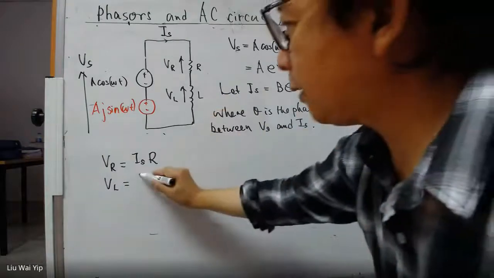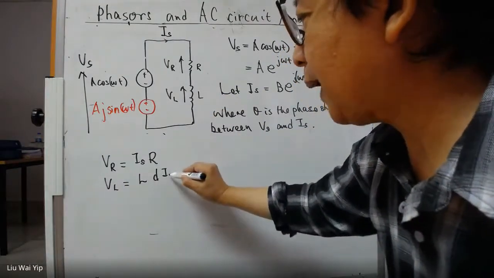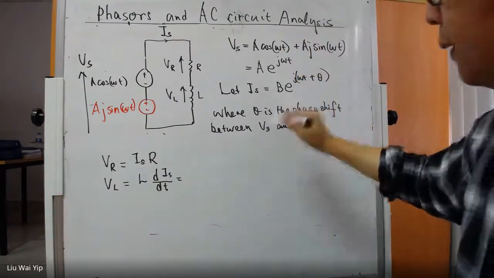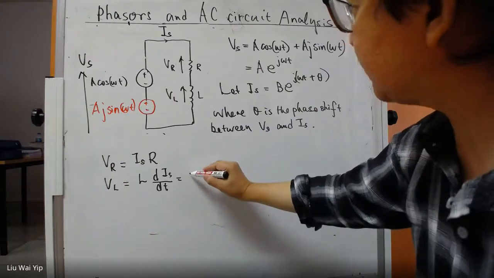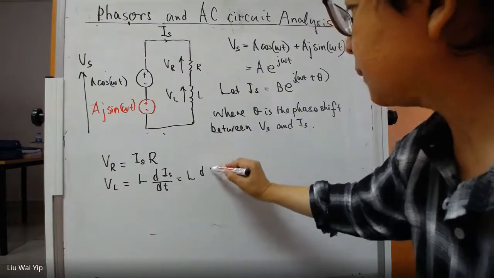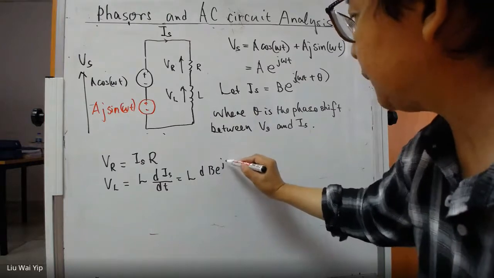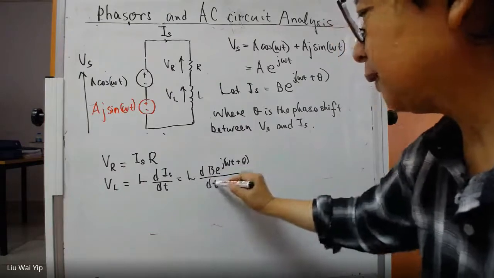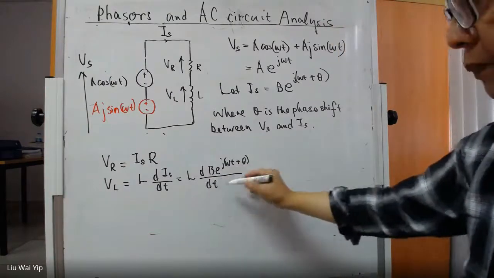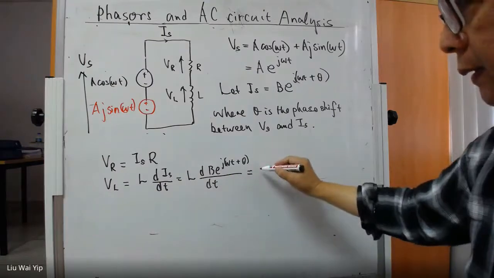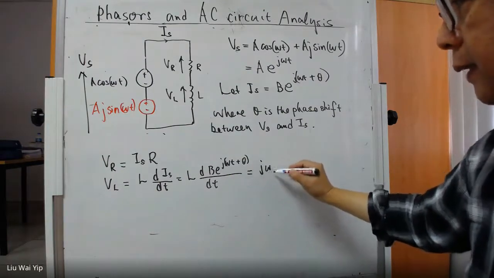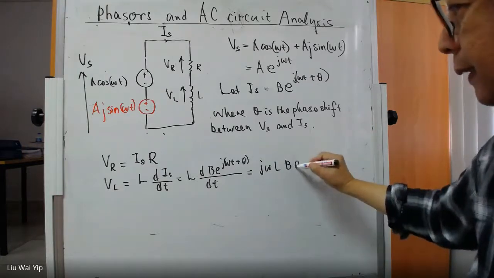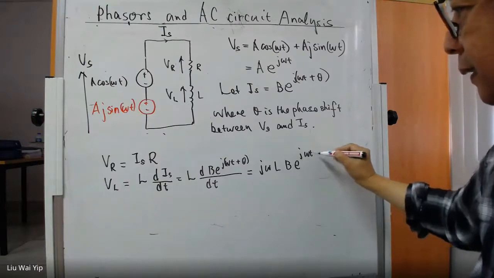It's going to be L d Is, and we have already known that Is is going to be B e to the power j omega t plus theta. It will be in this form. So let's do it very carefully. And it will be j omega L and then B e to the power j omega t plus theta.